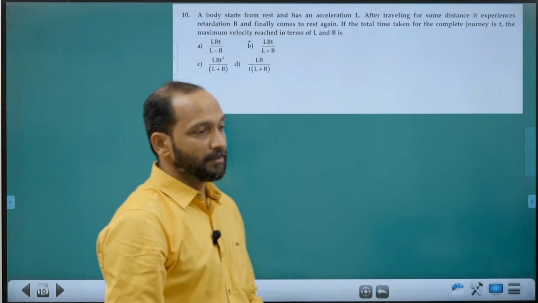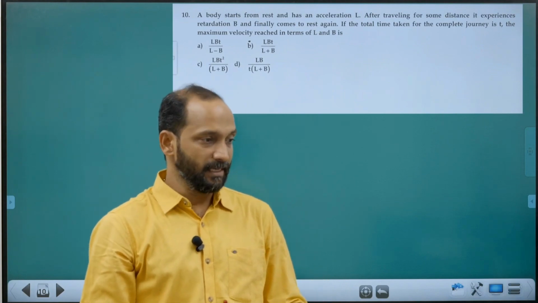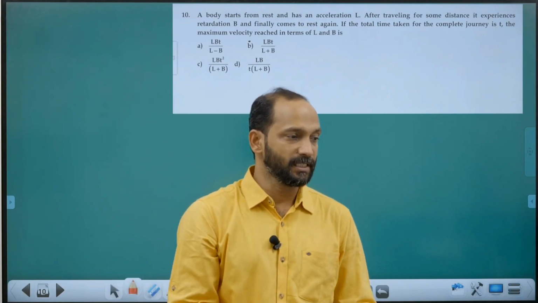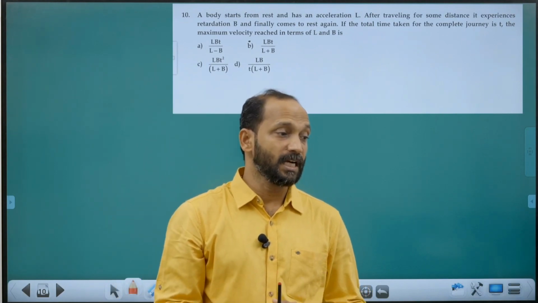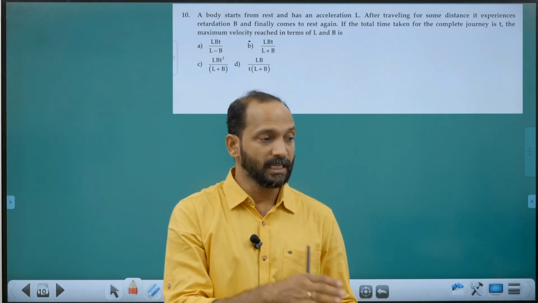The 10th one. A body starts from rest and has an acceleration L. After traveling some distance, it experiences retardation B and finally comes to rest again.